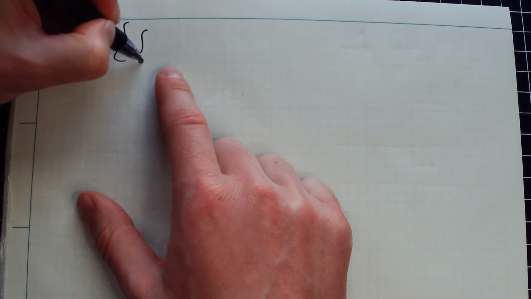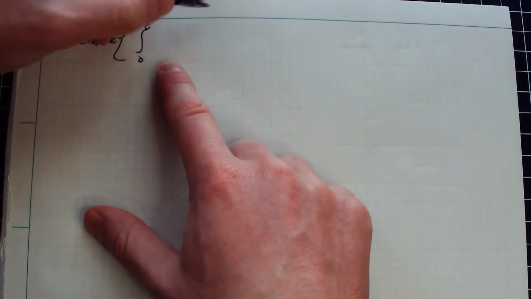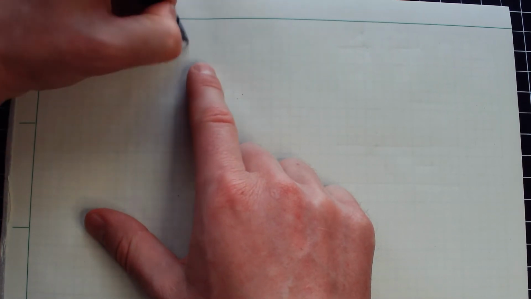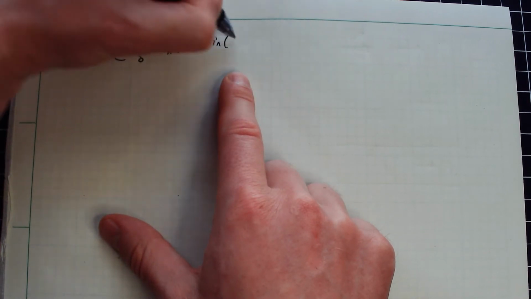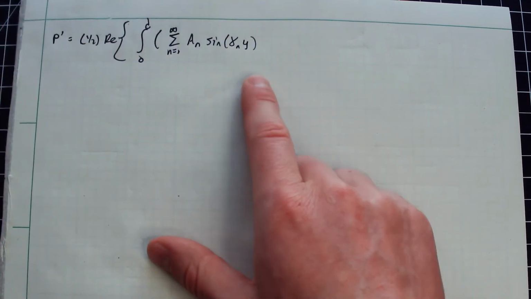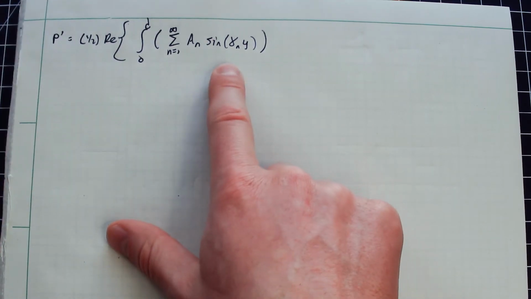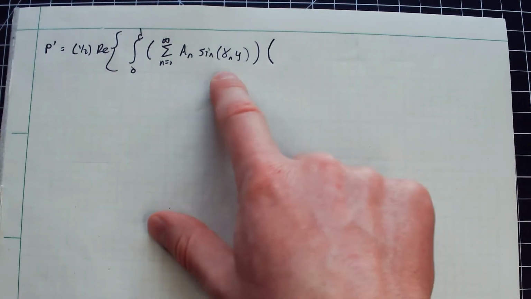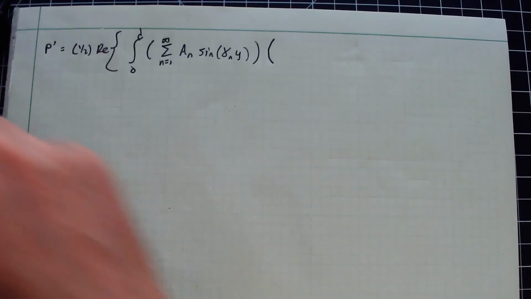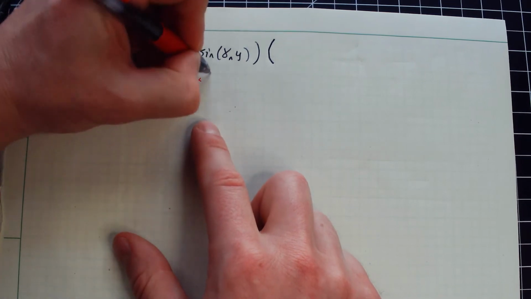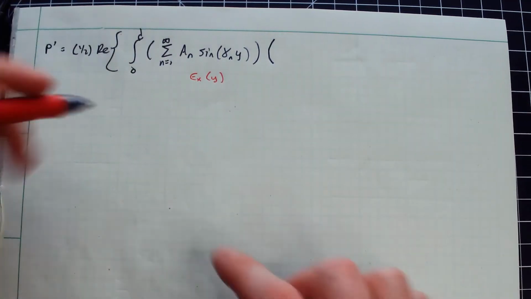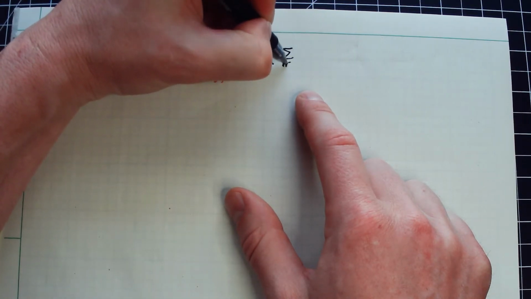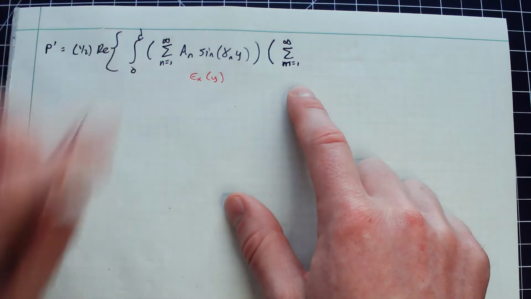So I'm going to get the integral from 0 to d. I'm going to put in the Fourier series for my electric field, which is the summation from n equals 1 to infinity A sub n sine of gamma sub n y. So remember, that's my E_x component here, so let's label this real quick. So that's my E_x of y. We set z equals 0, so that's okay. And then over here is going to be a summation. I'm going to say m equals 1, so as not to confuse it with the n's.